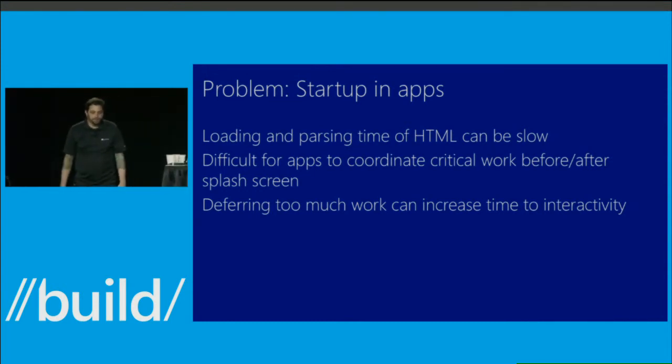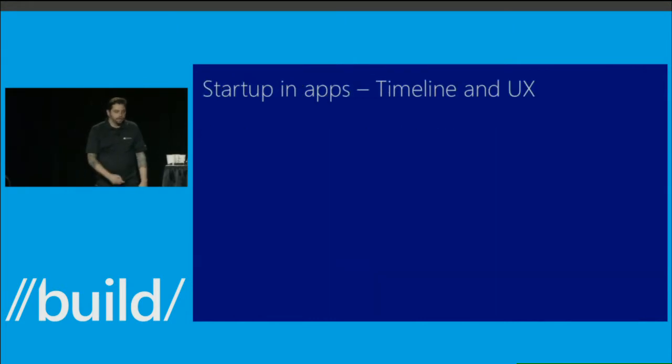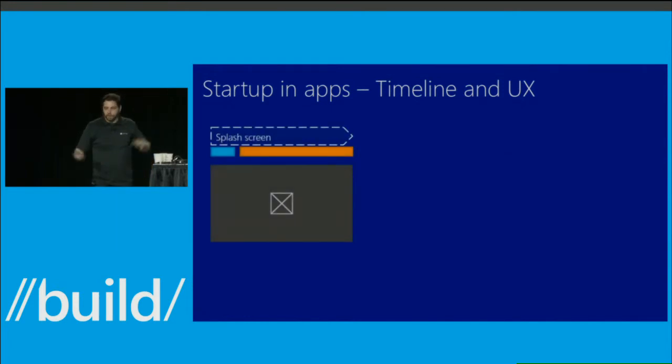So let's talk about that timeline, and let's overlay some user experience across it to be really concrete. Let's think about that orange work we talked about that's underneath the splash screen, which we're familiar with.